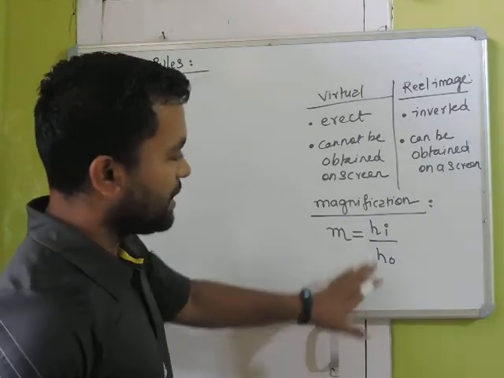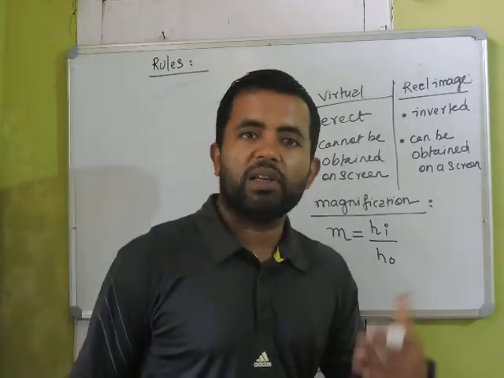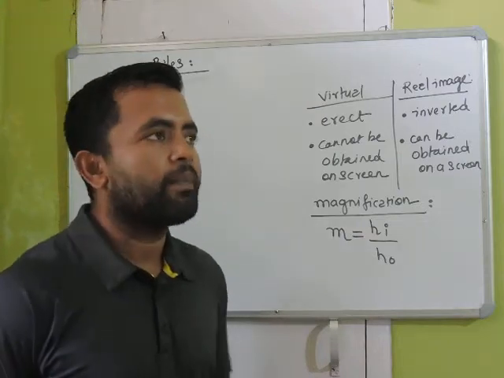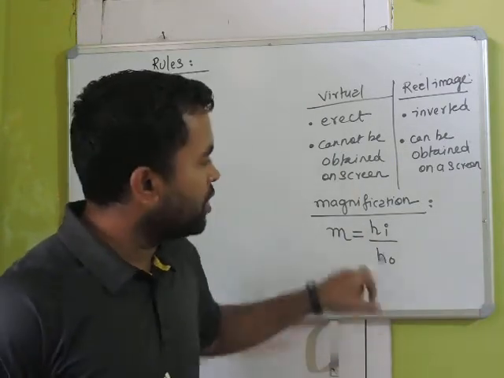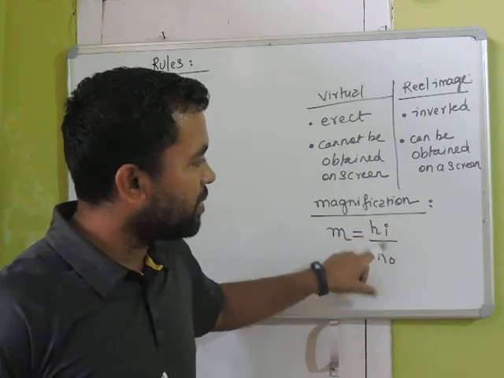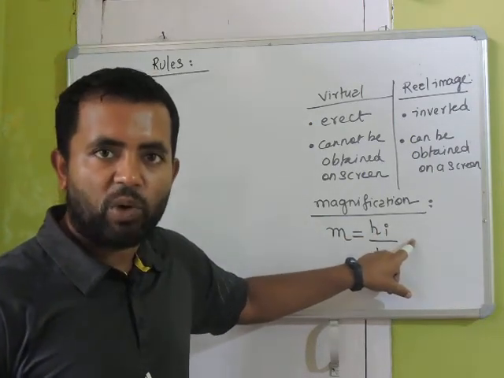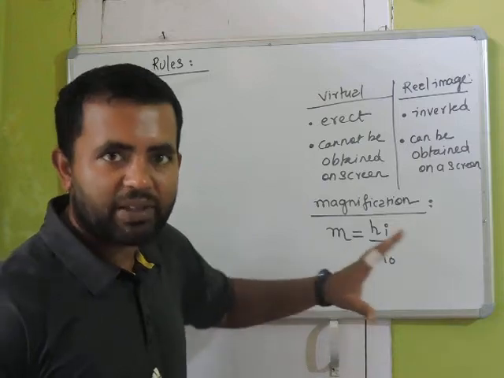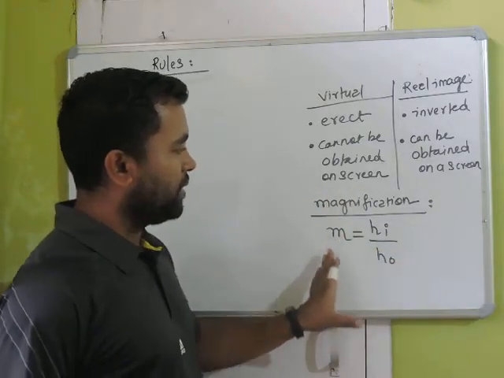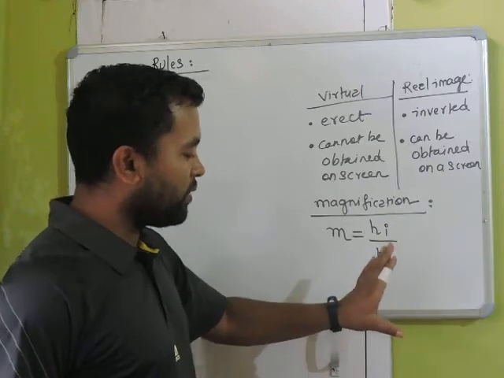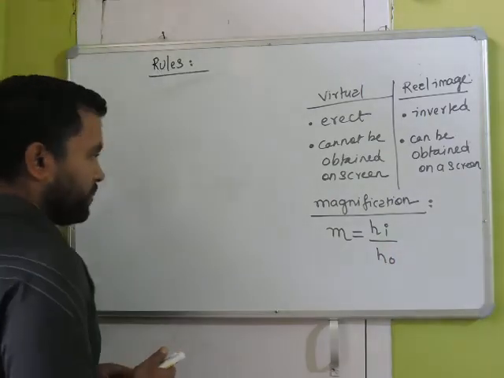For example, if you see your image in a plane mirror, your size and image size are the same, so the height of the image and height of the object are the same, so magnification will be 1, so it is not magnified at all. This is the formula for magnification.